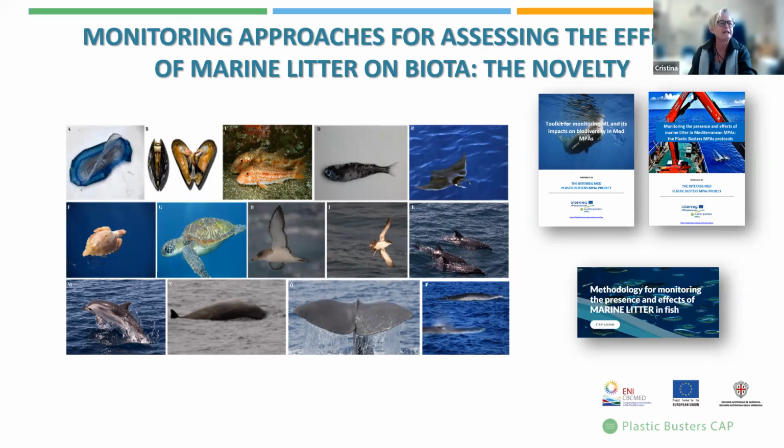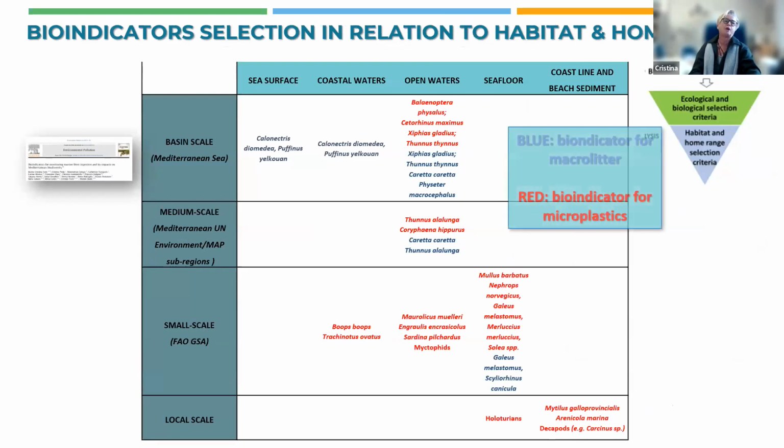The novelty is related to one very simple concept. If you want to define the potential impact of marine litter on biodiversity, you have to study the biodiversity. So you have to use as bioindicator organisms a wide range of species ranging from invertebrates to marine mammals. And I will try to give some simple examples of this approach.